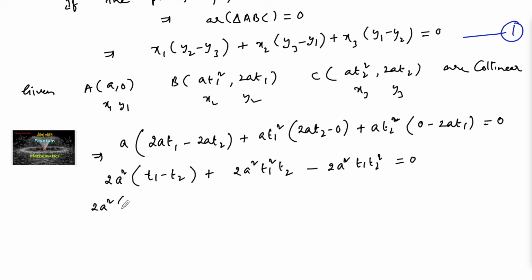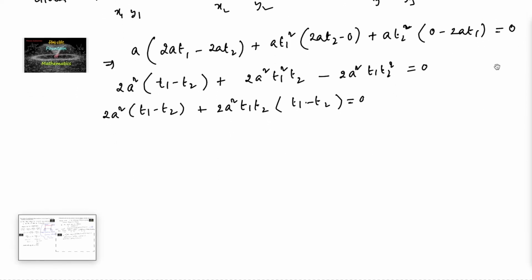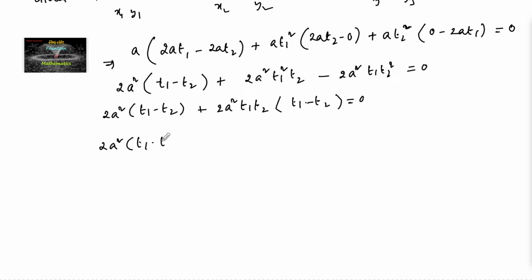So 2a square of (t1 minus t2), and we can take out common 2a square t1 t2 as well, so we can write (t1 minus t2) is equal to 0. On the whole we can take 2a square of (t1 minus t2) common, and the remaining is 1 plus t1 t2, which is equal to 0.